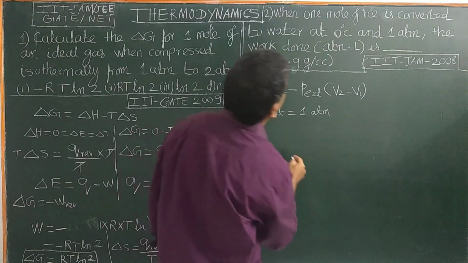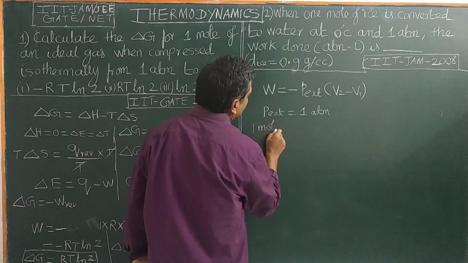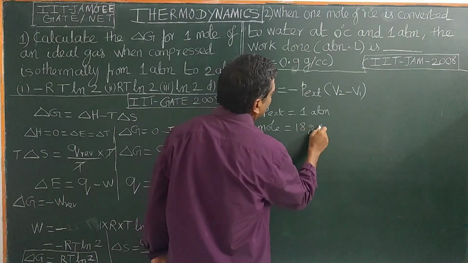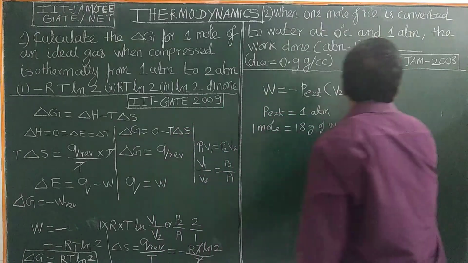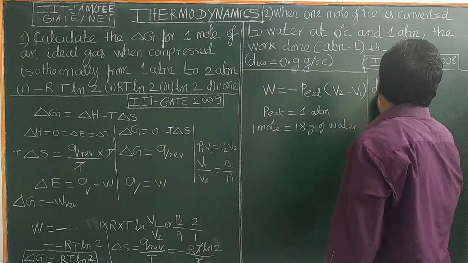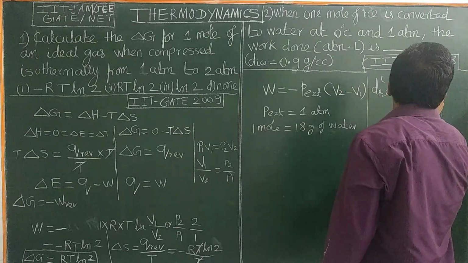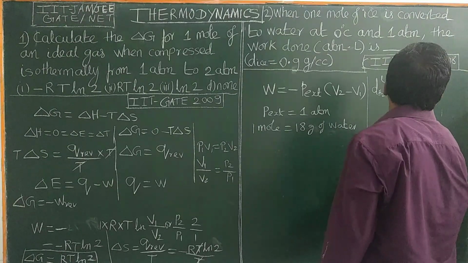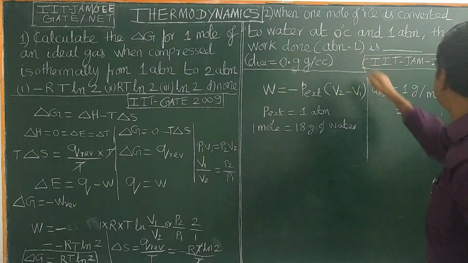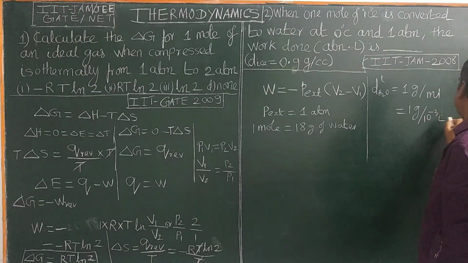1 mole of water or ice is 18 gram. What is the density of water? The density of water in the liquid state is 1 gram per cc, that is 1 gram per ml. Therefore, you need to convert into liter units: 1 gram per 10 power minus 3 liter. So 1 gram of liquid water has a volume of 10 power minus 3 liter.